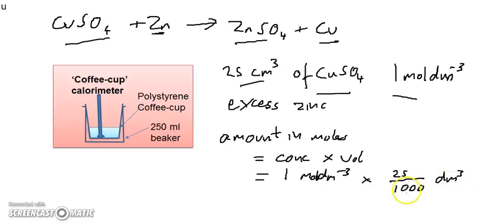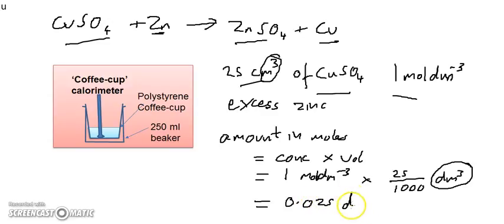So remember to divide by 1,000 to convert centimeters cubed into decimeters cubed, and that gives us 0.025 moles.